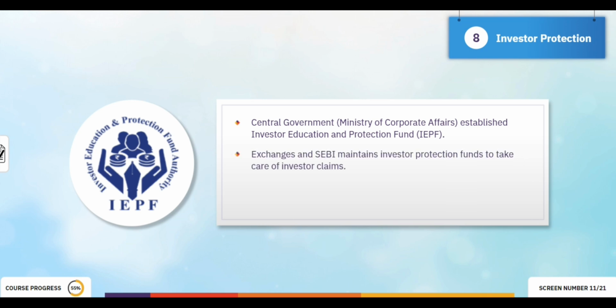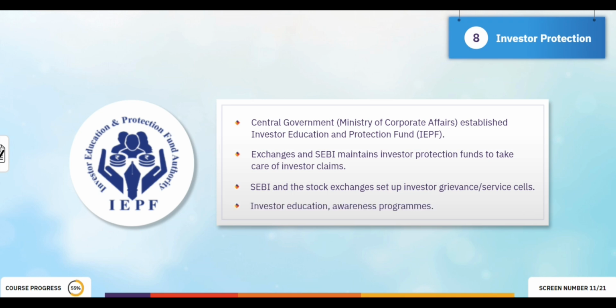With similar objectives, the exchanges and SEBI also maintain investor protection funds to take care of investor claims. SEBI and the stock exchanges have also set up investor grievances or service cells for redress of investor grievances. All these agencies and investor associations also organize investor education and awareness programs.